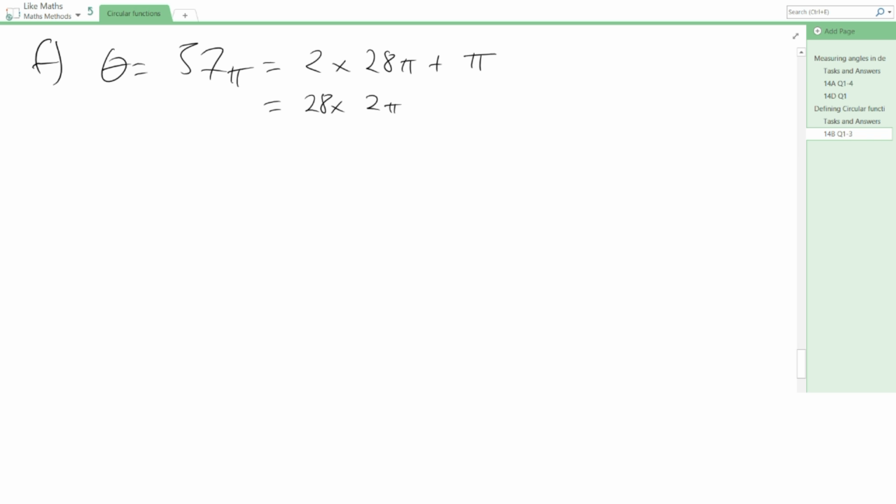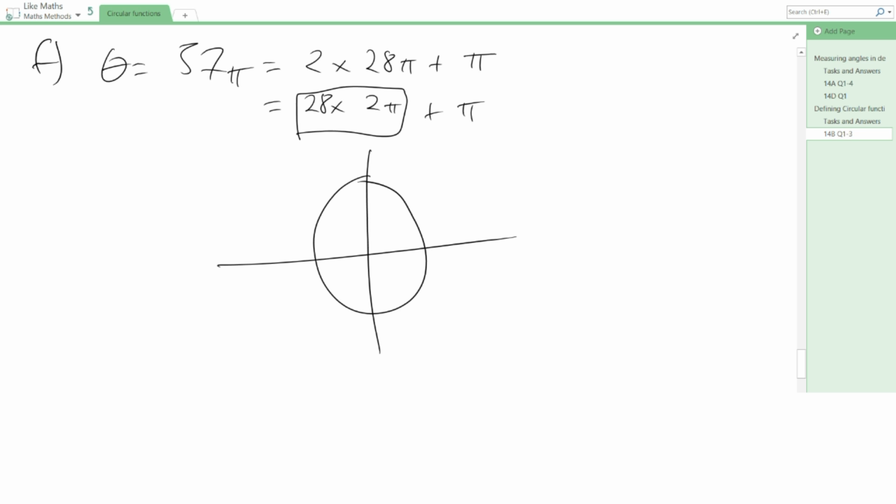The reason we're writing it like that is I want to know how many 2 pi rotations we have in the unit circle. Starting here, it's positive, which means we go around anti-clockwise.